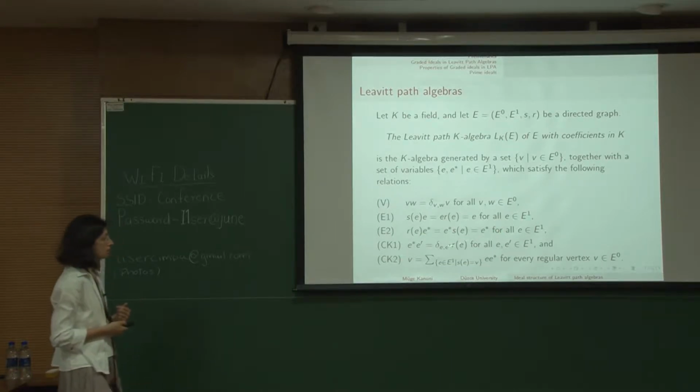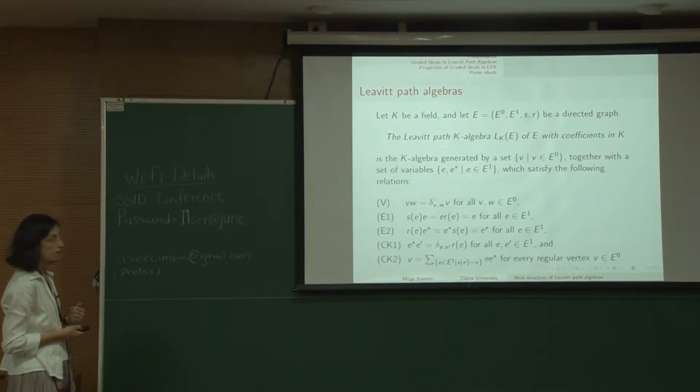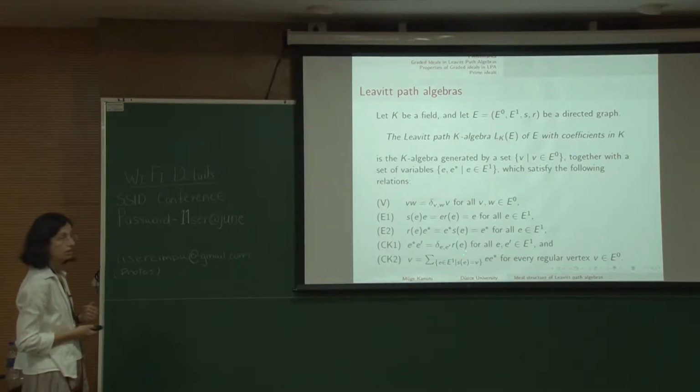The CK1 and CK2 relations: CK1 is how you multiply two edges. If you start with the ghost e* and then go with the real edge f, this only survives if e and f are exactly the same, and then it simplifies to the range of e.